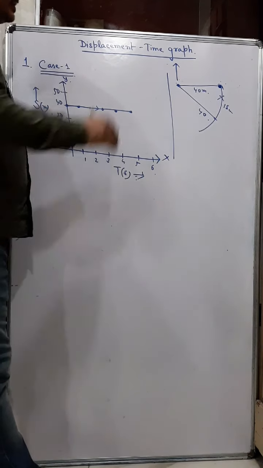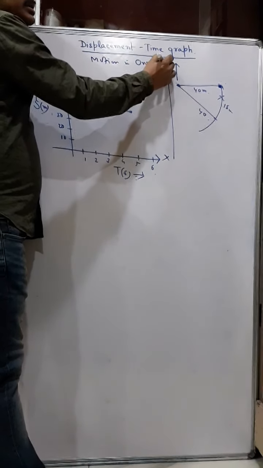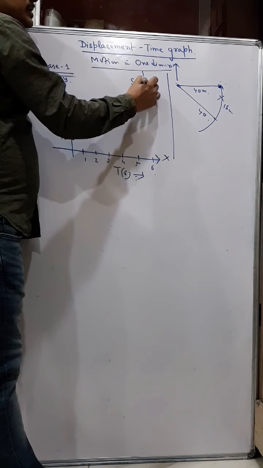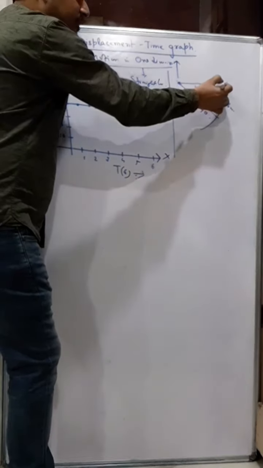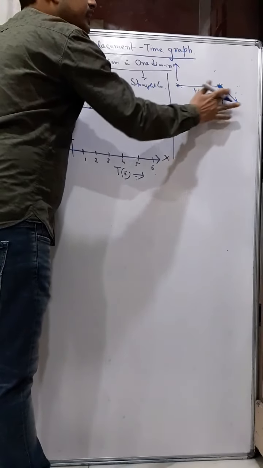But we said this is motion in one dimension, that means motion in a straight line, so in this case the motion is not a straight line. If the boy had to move in a straight line, then the boy can move this way or this way, and in any of these cases the displacement can't be 40. Displacement will remain 40 only if the boy is not moving from its place.